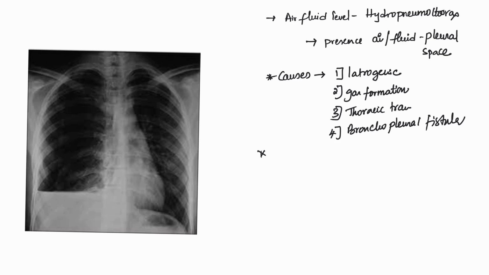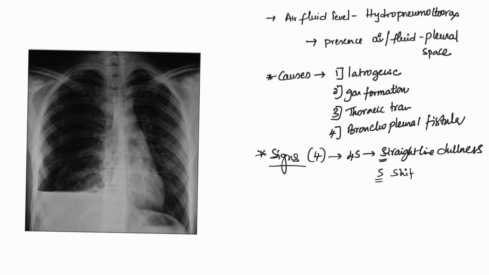So what are the different signs? This is important part of discussion. There are 4 signs and the mnemonic is 4S. First is straight line dullness. The second S is shifting dullness.